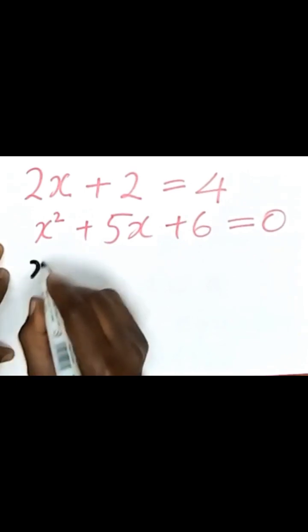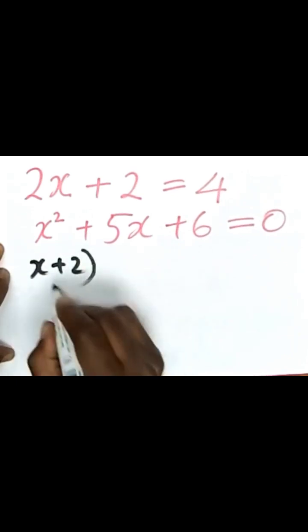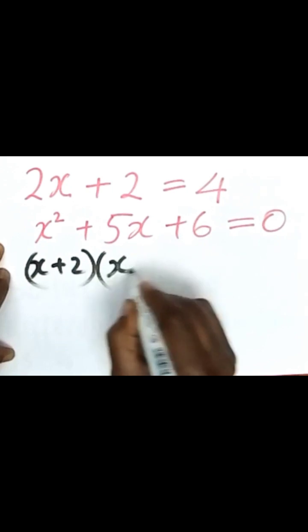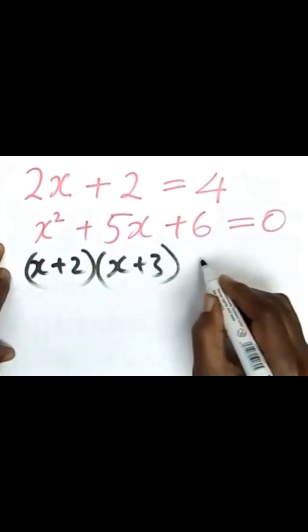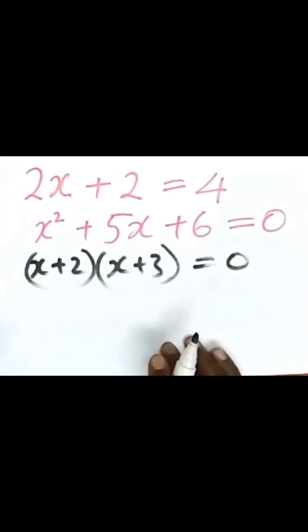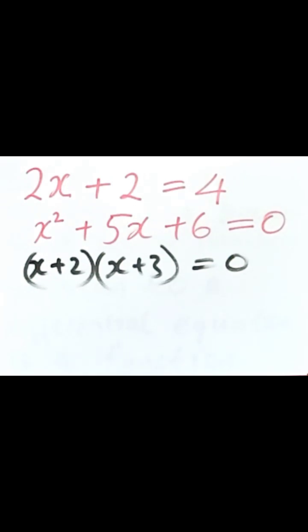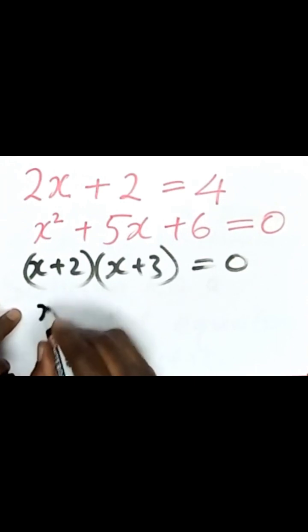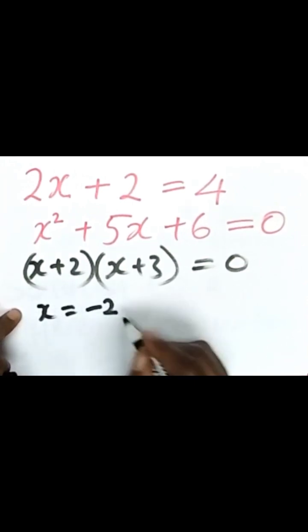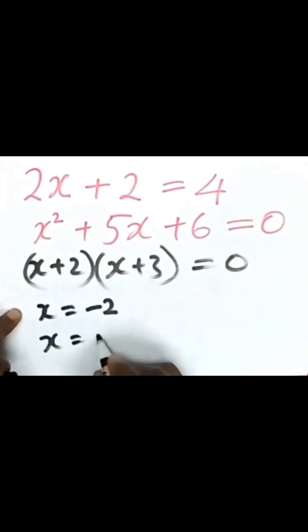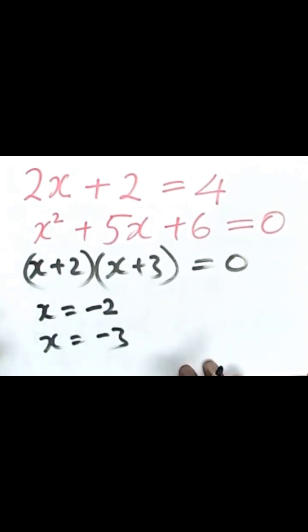So this quadratic equation reduces to (x plus 2)(x plus 3) equals 0. So the solution that satisfies the equation, x has to be either minus 2 or x will be minus 3.